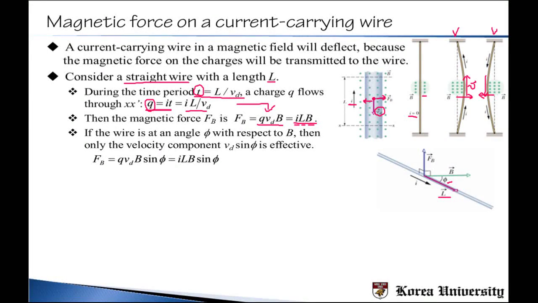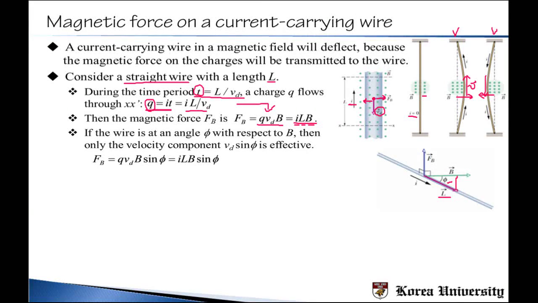So in this case, what will happen? How would it change? You know that the direction of the wire is the direction of the charge's motion. And we already learned that when the velocity or the motion is parallel to the magnetic field, there will be no force. So what we need is the velocity component perpendicular to the magnetic field, and in that case you need only the sine component.